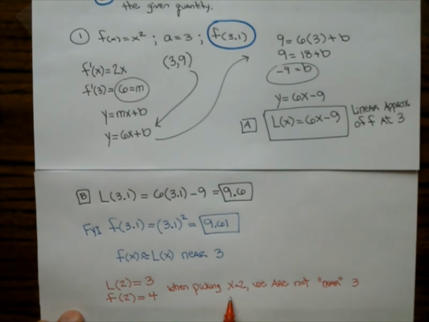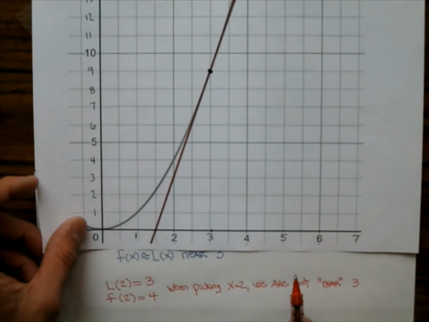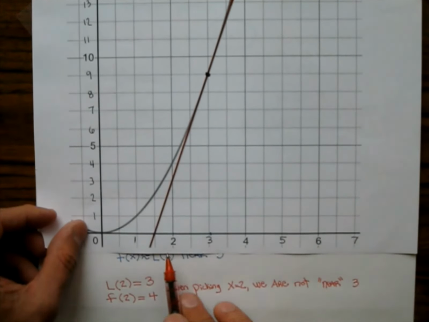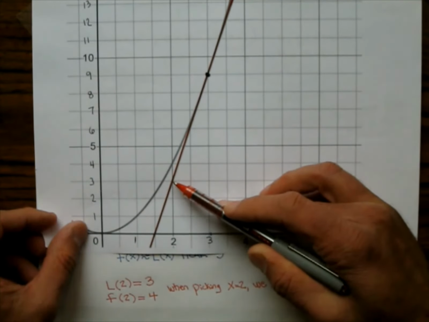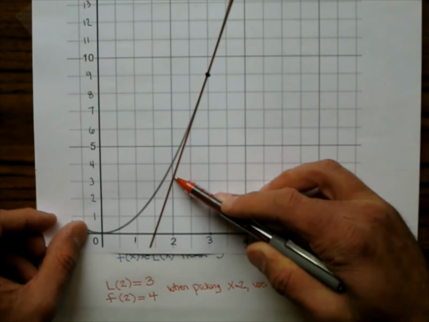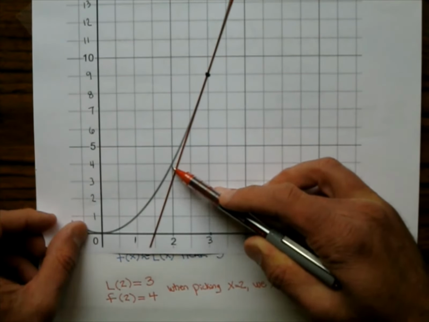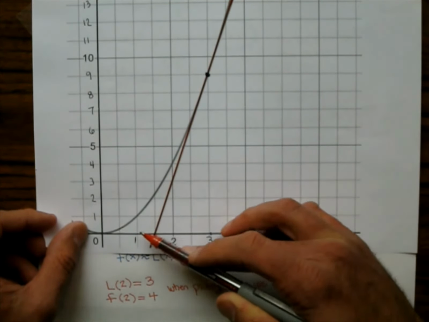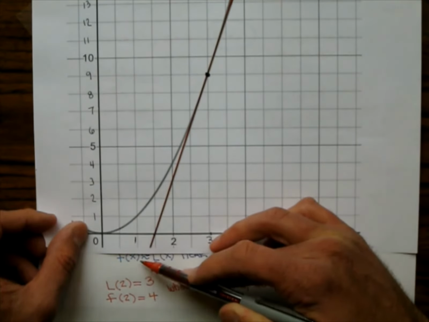Now, maybe I should have done something more extreme and picked a point like x equals 100, and then you would have seen a really big difference. Now, in terms of the graph, L of 2 happens to be 3, which you can see right there, and f of 2 happens to be 4. So you see there is more of a difference between the heights there. And if you picked 1, one would be positive, one would be negative.